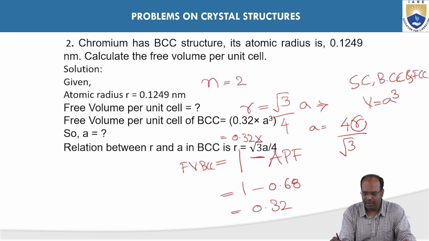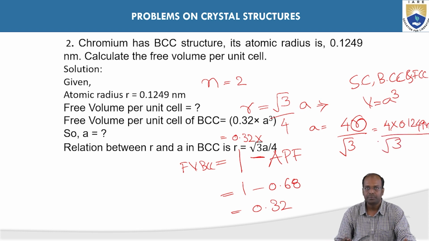So atomic radius r is equal to how much? 0.4 into 0.1249 nanometers divided by root 3.